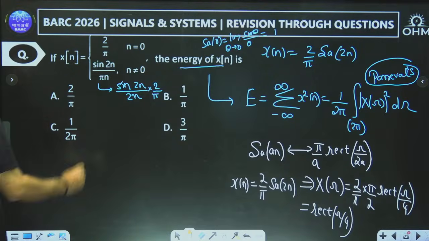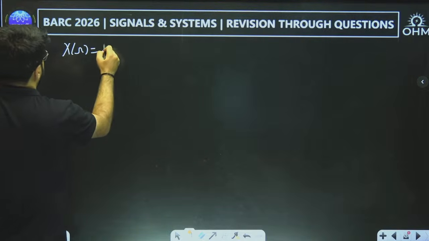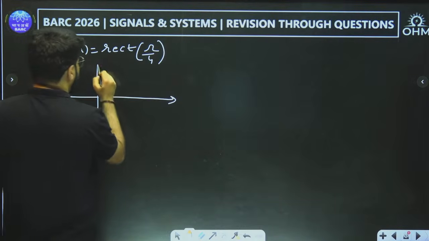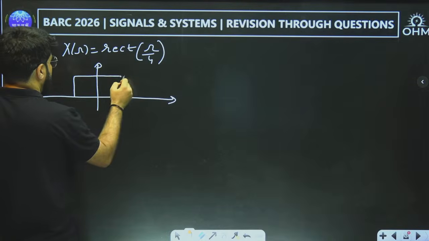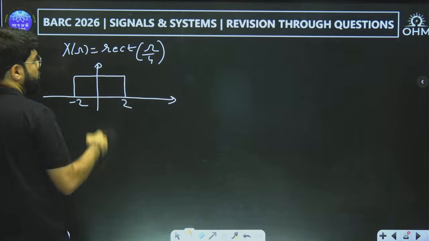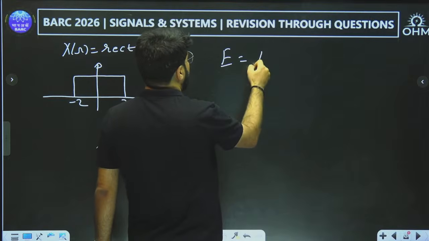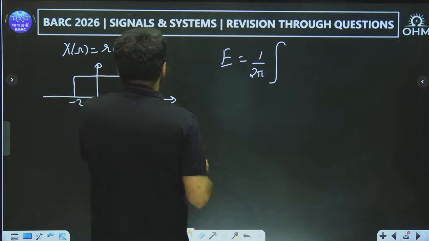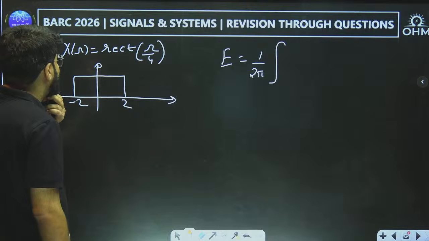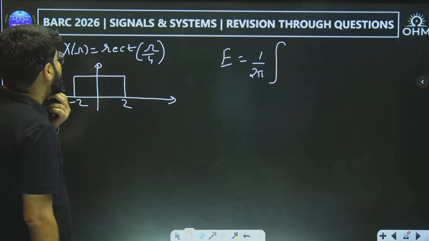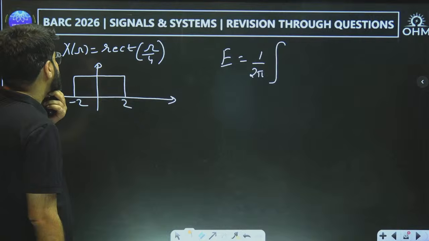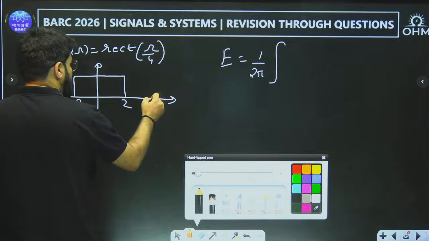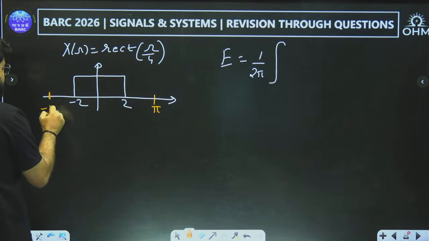So X(omega) is rect of omega by 4. That means if I wanted to draw this, it is going to be a rectangle of width 4, from minus 2 to 2. Energy by Parseval's formula is now 1 upon 2 pi integral over 1 period. Suppose this is pi and this is minus pi, this is 1 period.